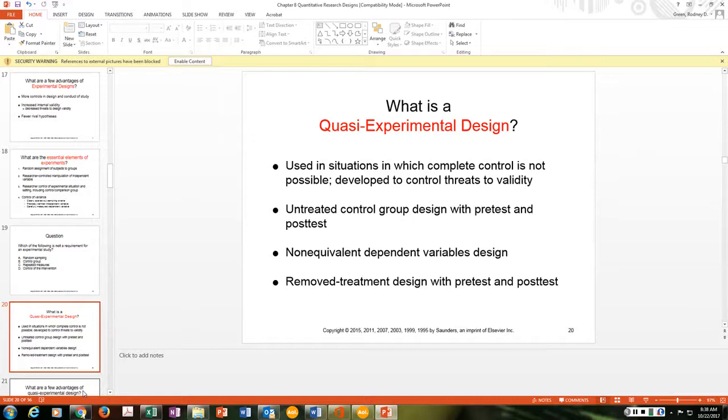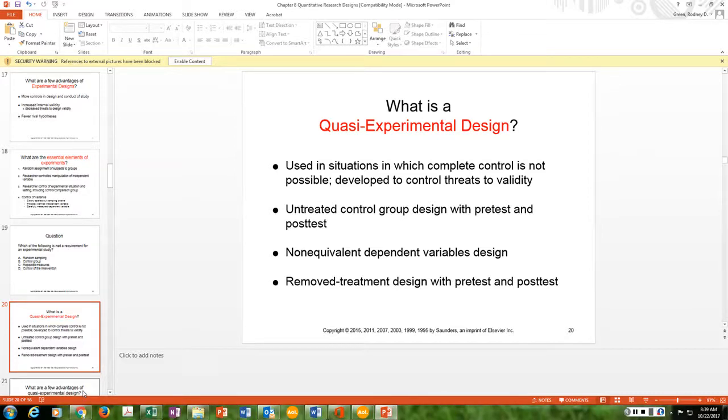What is a quasi-experimental design? A quasi-experimental design is used in situations in which complete control is not possible, and it's developed to control threats to validity or the truthfulness of the findings. Examples are the untreated control group design with pretest and posttest, non-equivalent dependent variable design, and removed treatment design with pretest and posttest.